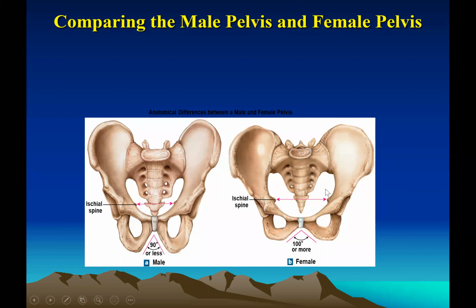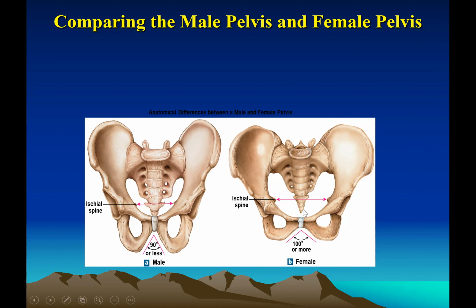The pelvic outlet is larger in females, and if you look at the angle between the pubic bones here, it is more than 100 degrees, so it has a very wide angle. Because the pelvis is modified for childbearing, it has an enlarged pelvic outlet.